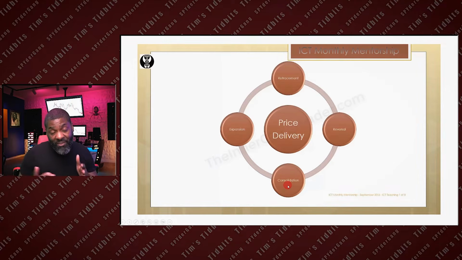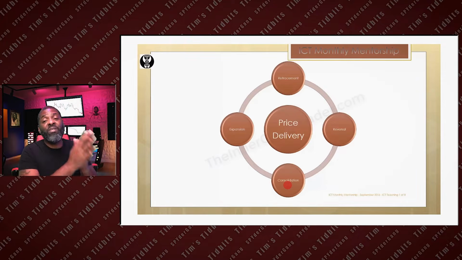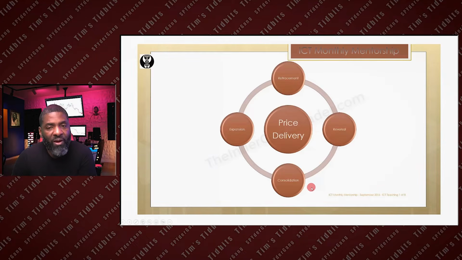Now, if you don't know what IPDA is, go check out Michael's core content to explain what IPDA is. But this is IPDA's behavior. Price will always move in two different manners when it comes to price delivery, right?